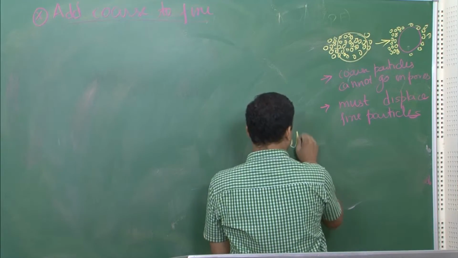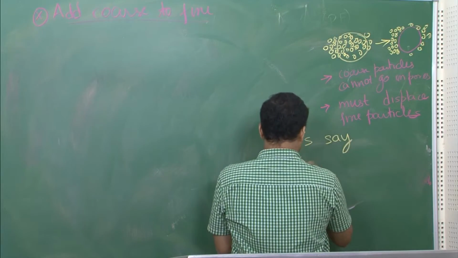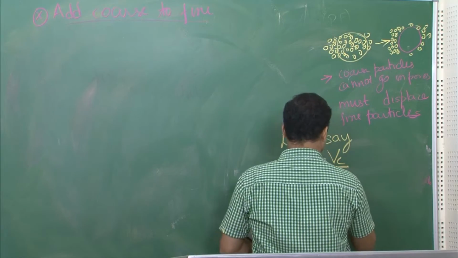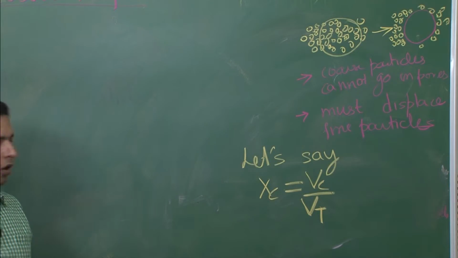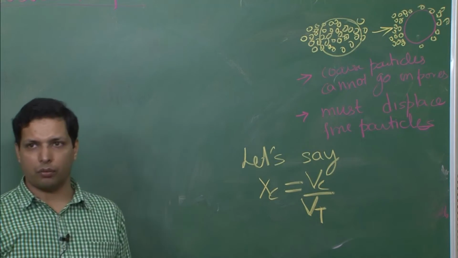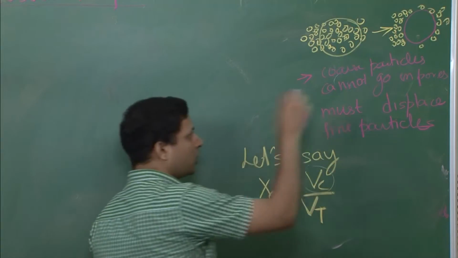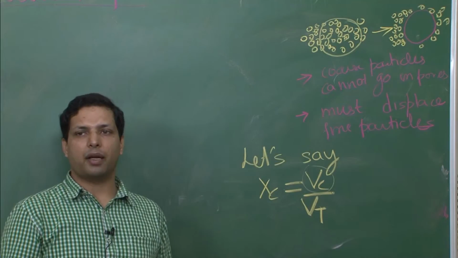So let us say Xc equal to Vc by Vt is the fraction of coarse particle in the overall volume, meaning this much fraction in the total volume has been replaced by the coarse particles.